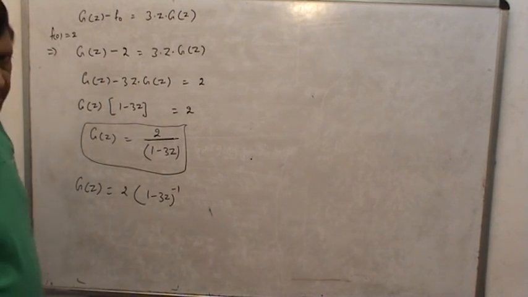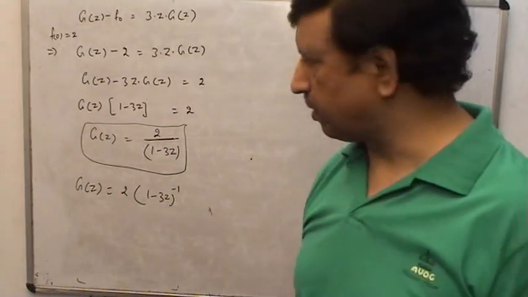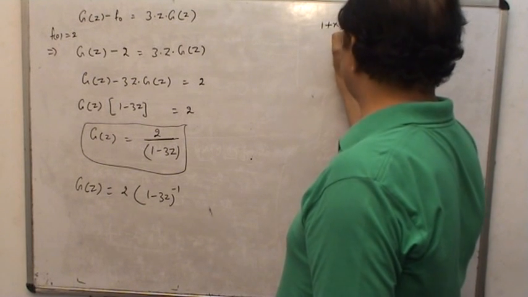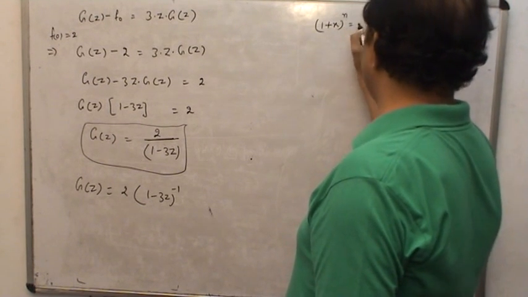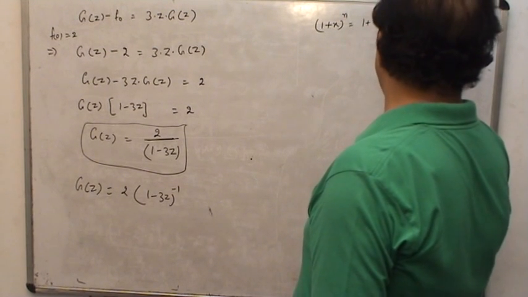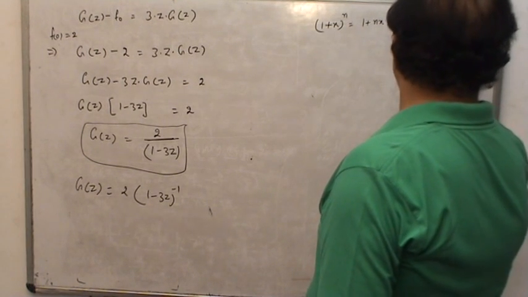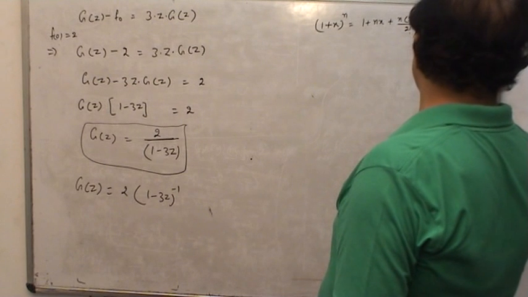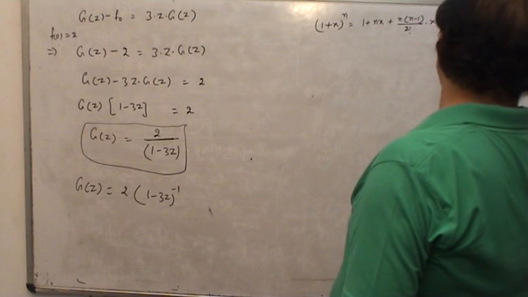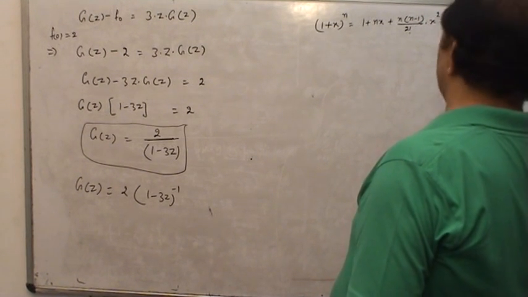Now this bracket we can solve by using the binomial theorem like this: (1 plus x) raised to the power n is equal to 1 plus nx plus n(n minus 1) divided by 2 factorial into x square plus n(n minus 1)(n minus 2) divided by 3 factorial into x cube plus so on.